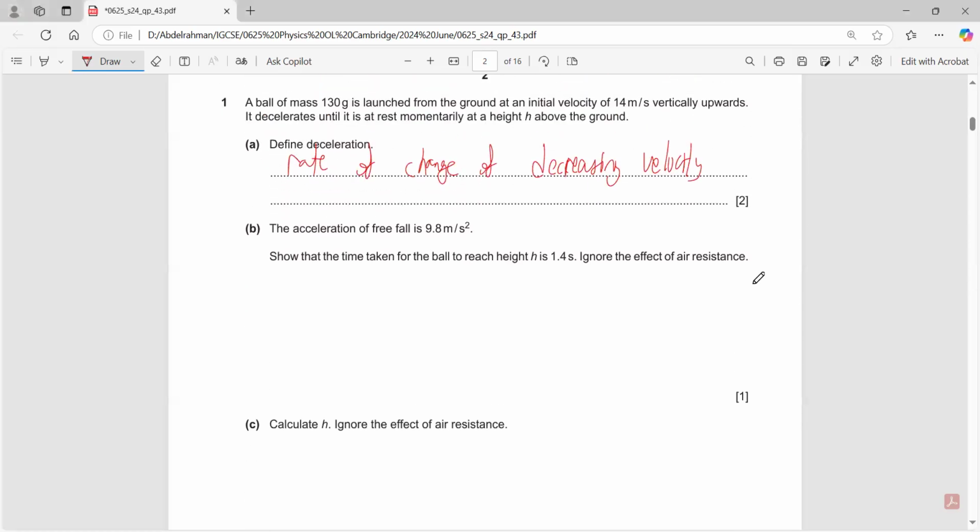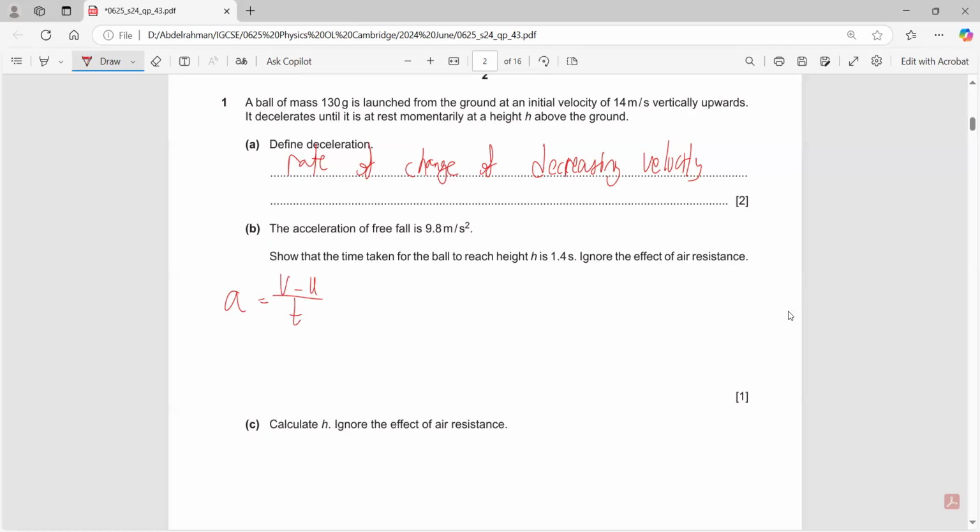The acceleration of free fall is 9.8 meters per second squared. Show that the time taken for the ball to reach height h is 1.4 seconds. Can I find the time? Yes. Acceleration equals v minus u over t.